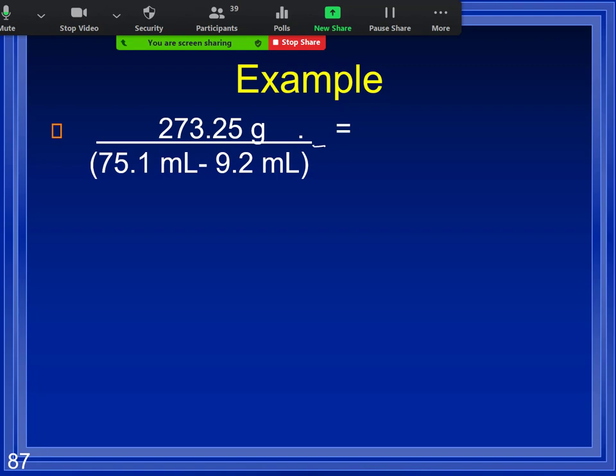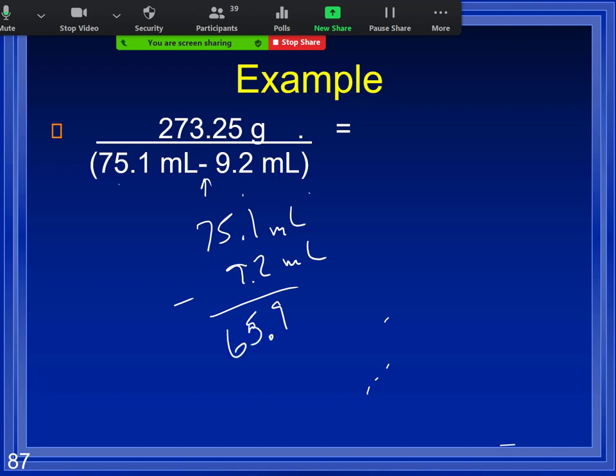So subtraction means decimal places, division means sig figs. So I've got 2 separate rules. So according to please excuse my dear Aunt Sally, I have to do parentheses first. And in the parentheses is a subtraction. So 75.1 milliliters minus 9.2 milliliters. That's 11, makes that 9, that's a 14, that's a 5. I get 65.9 milliliters.